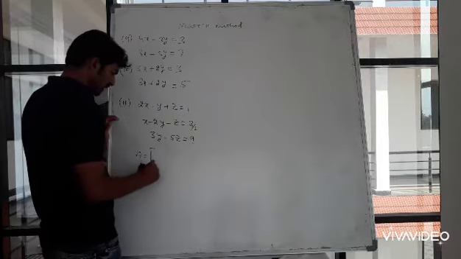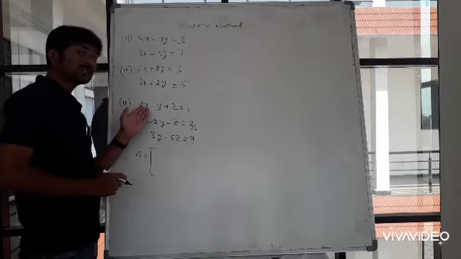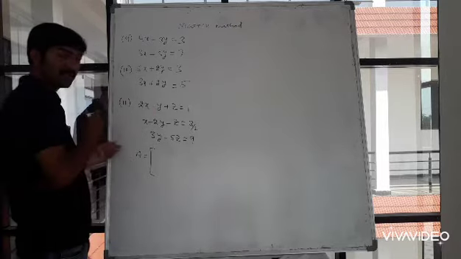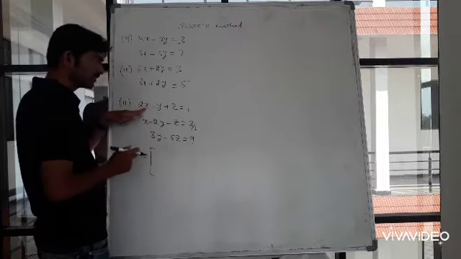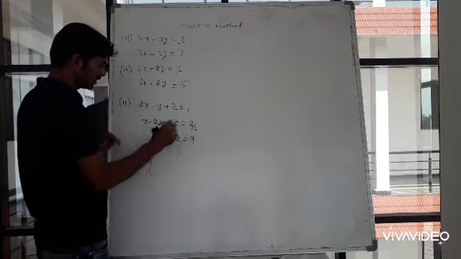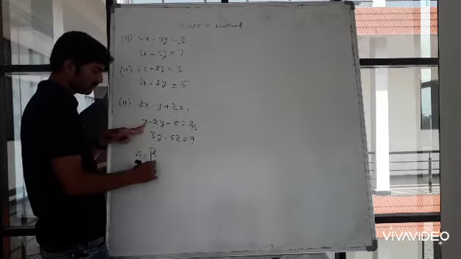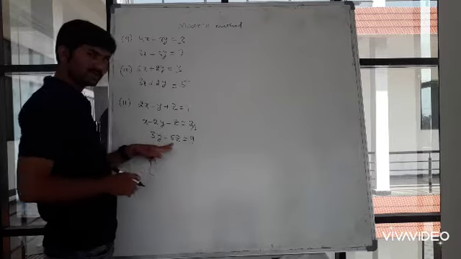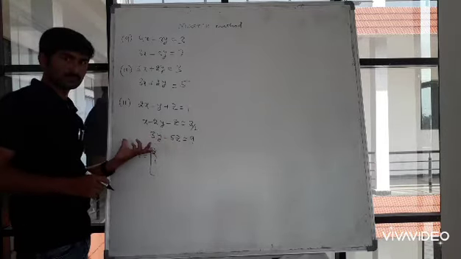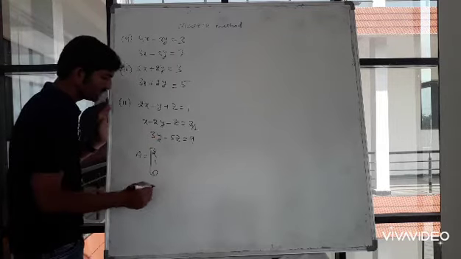So first A. In the first column, coefficients of x. In the first equation, what is the coefficient of x? 2. In the second equation, what is the coefficient of x? Nothing means 1 will be there. In the third equation, there is no x term, so the coefficient will be 0.